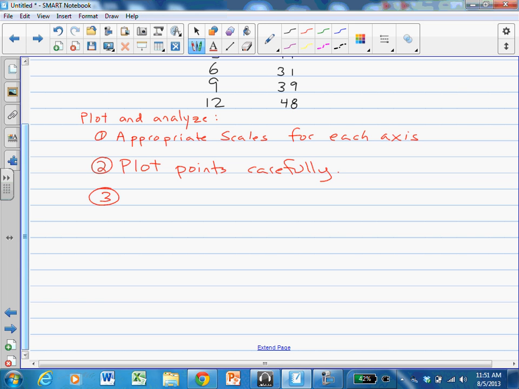Three, we use a ruler, best if it's transparent, because then you can see the data, to draw the best fit line through the data. It's not connect the dots.